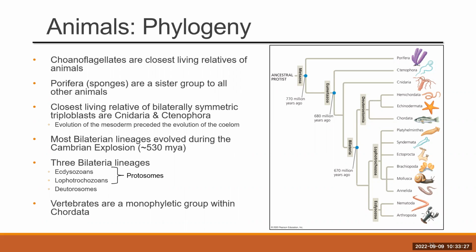Would invertebrates be monophyletic or paraphyletic based off of this tree? It would be paraphyletic, because of these fun little things called echinoderms that are more closely related to the vertebrates than they are to all the other invertebrates.